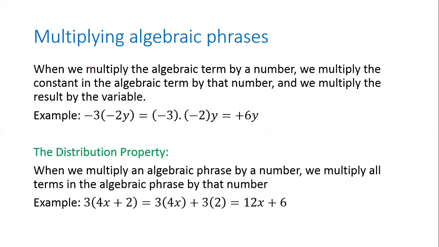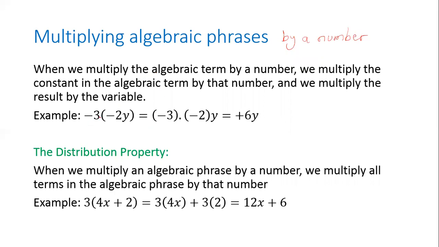Now multiplying algebraic phrases. Before multiplying algebraic phrases, we mean by it multiplying it by a number. So first of all, we learn how to multiply a changing term by a number.